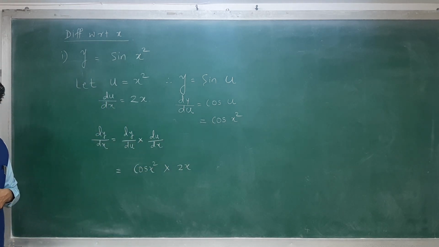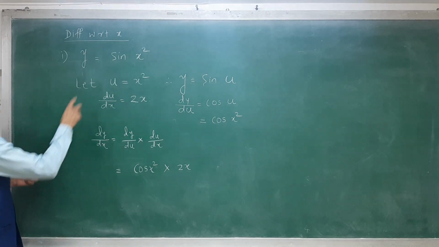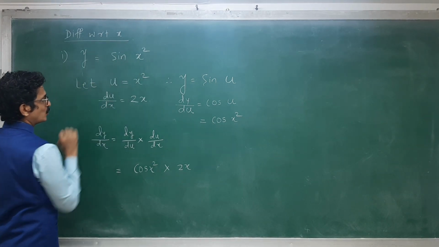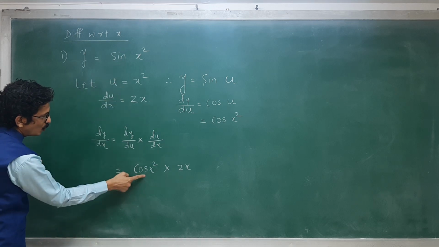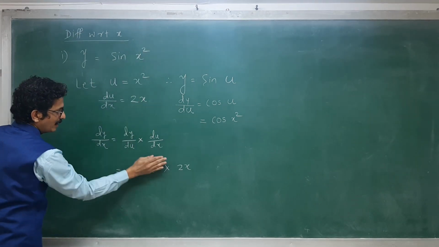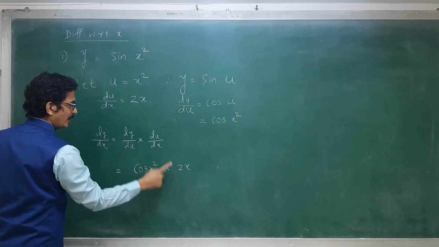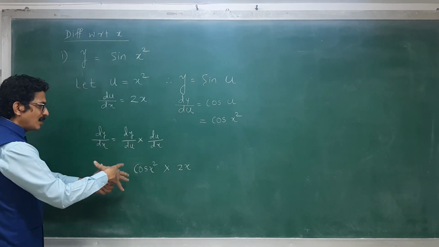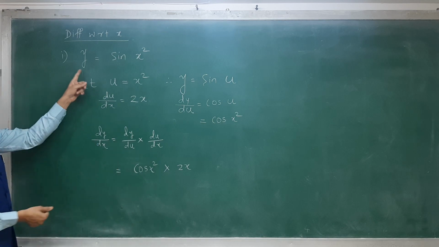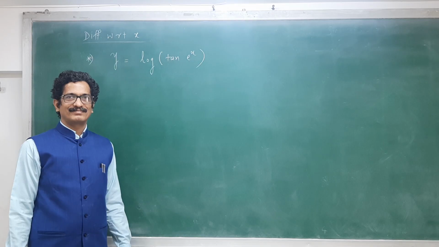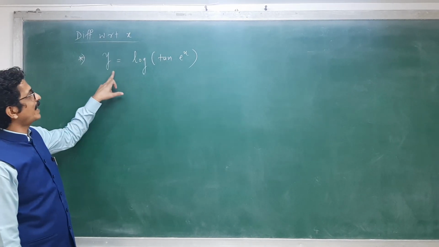That's the answer. So in short, when you want to differentiate sine of x square, sine's derivative is cos. Let x square be written as it is, but don't forget to differentiate that x square, whose derivative is 2x. These two together give the final answer.